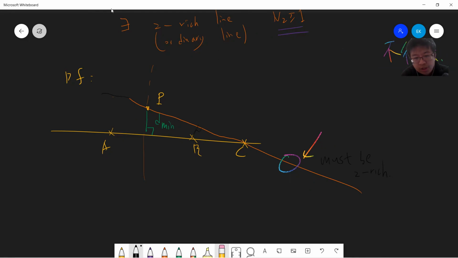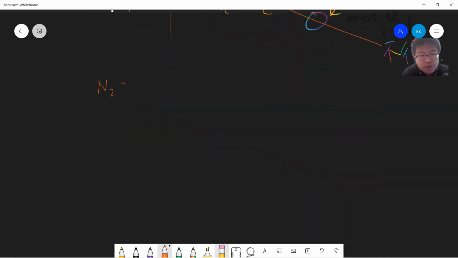Then you can draw a distance here, and you will see that this distance is less than d minimum by the geometry. So by contradiction, this line CP must be an ordinary line. This is the proof, and it's so amazing. It tells you that n_2 is greater than or equal to 1.